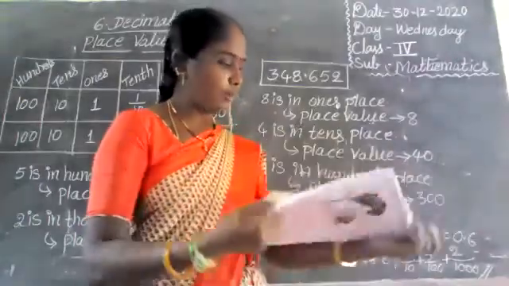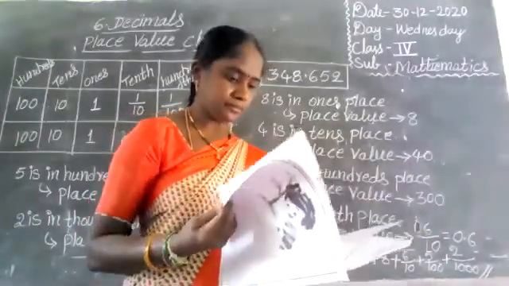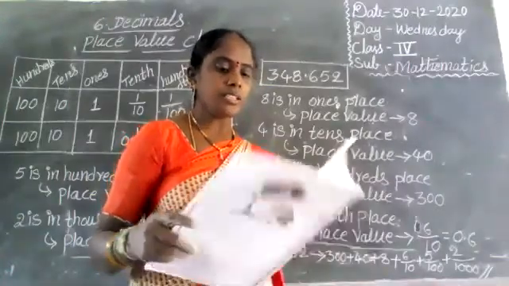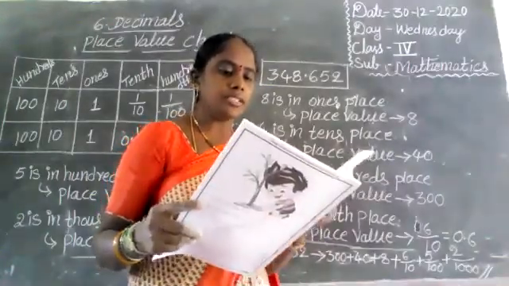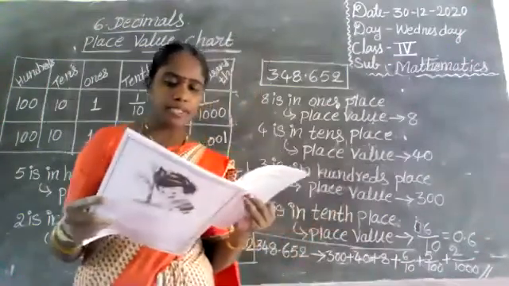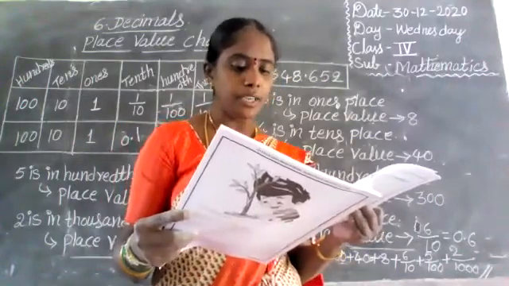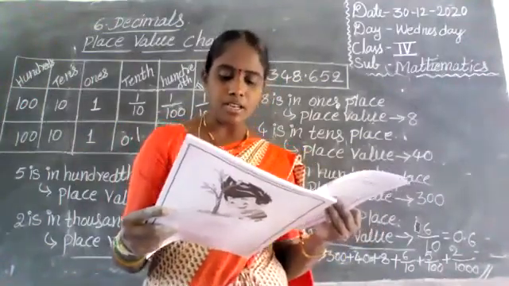Next, day 3. Yes, children, what is in the day 3 worksheet? The first bit is predecessor, the second bit is number names, and the third bit is again place value.